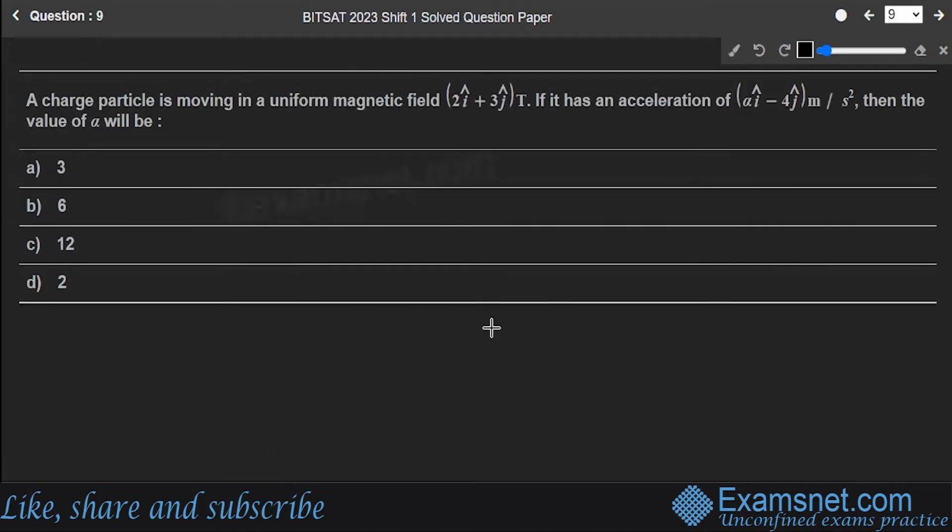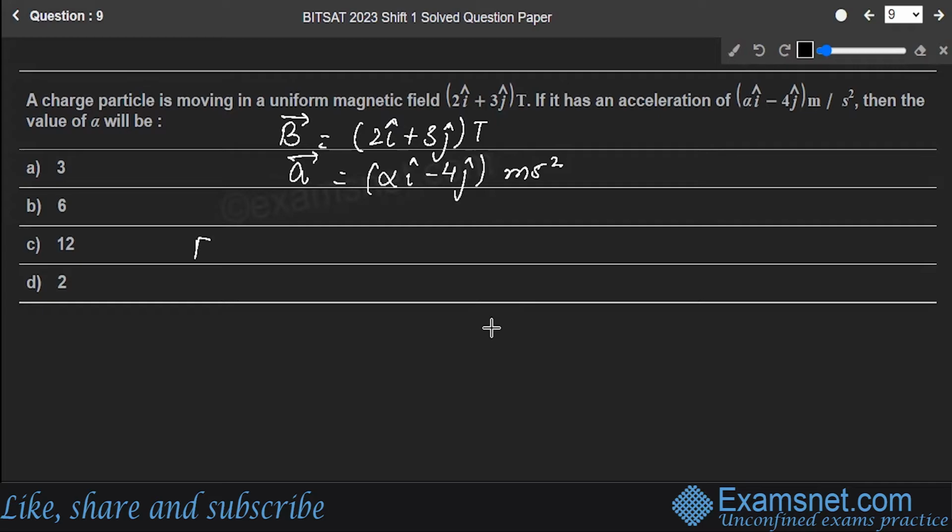A charged particle is moving in a uniform field given by this. If it has an acceleration of this much meter per second square, what is the value of alpha? Here you are given that it's a uniform magnetic field given by 2i plus 3j Tesla. Also, you are given that acceleration vector is alpha i minus 4j meter per second square.